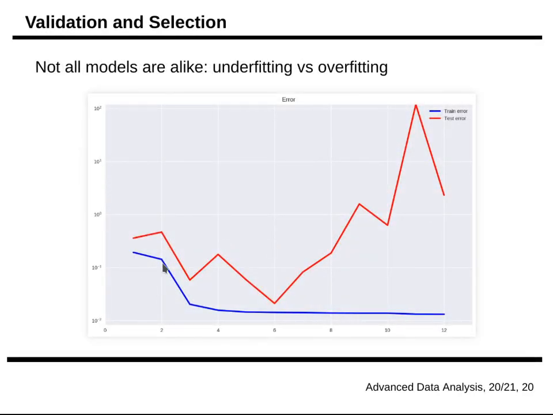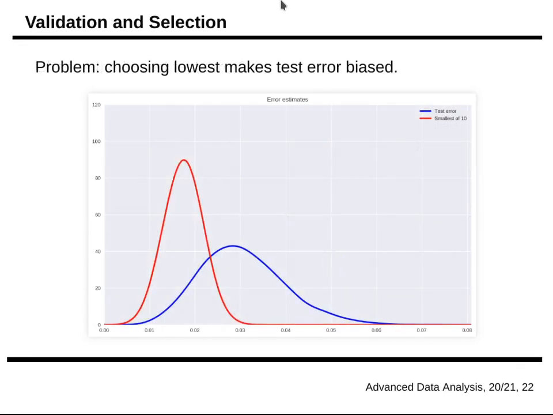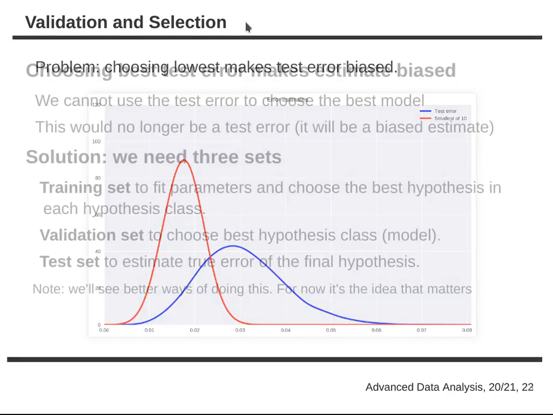We train different models, we measure the test error, and then we pick the one with the lowest test error. When we choose the one with the lowest error, we make it much more likely that we are choosing one that happened to fall below the true error than one that happened to fall above the true error. So our estimate is no longer unbiased. It's biased towards underestimating the true error. So we cannot do this, because then we lose an unbiased estimate of the true error.